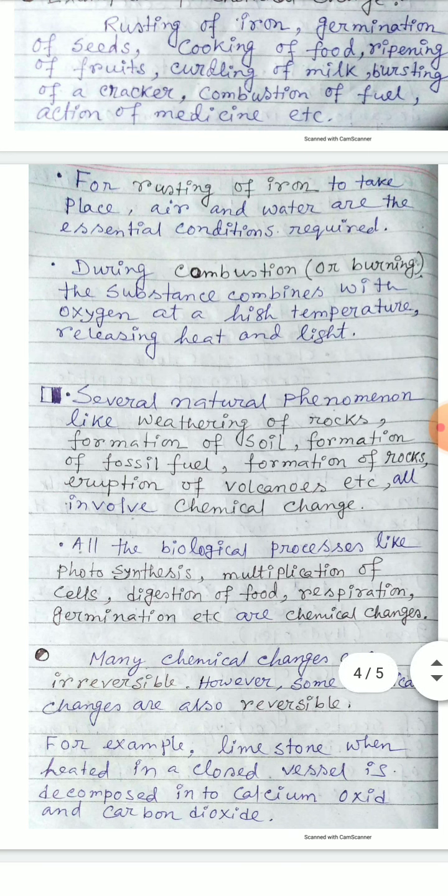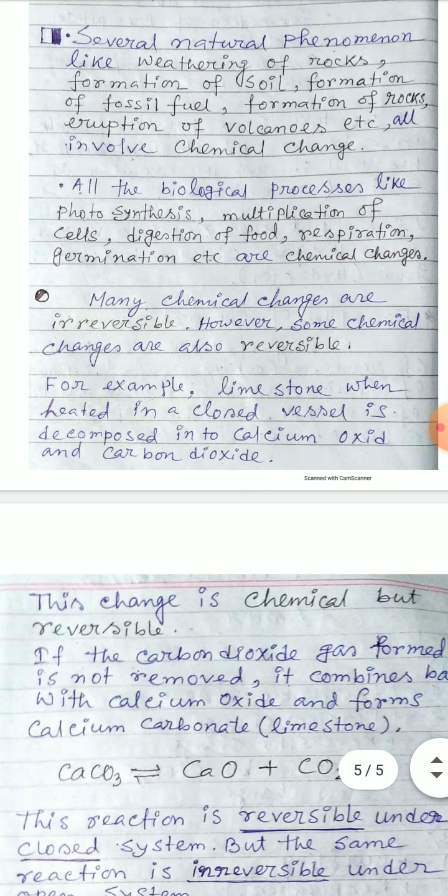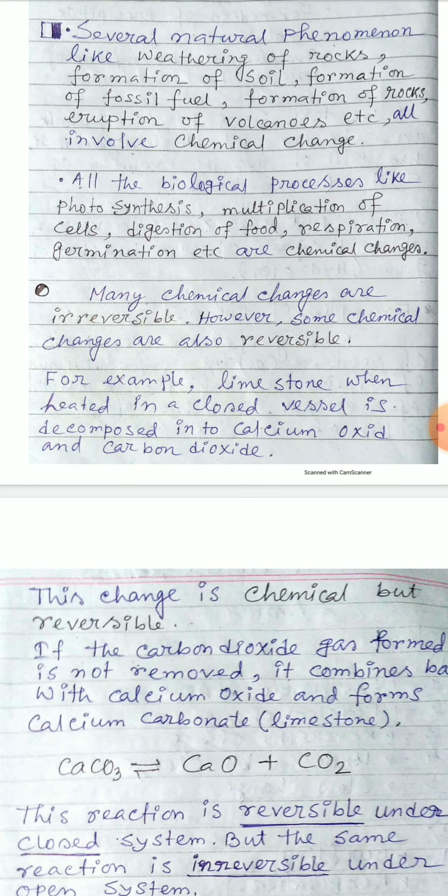Several natural phenomena like weathering of rocks, formation of soil, formation of fossil fuel, and eruption of volcanoes all involve chemical change.